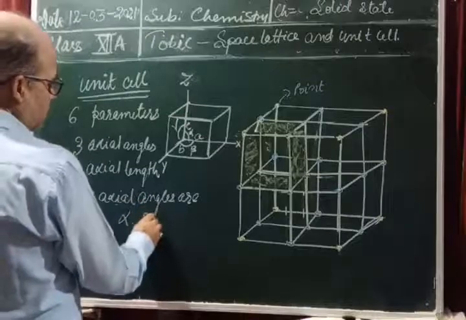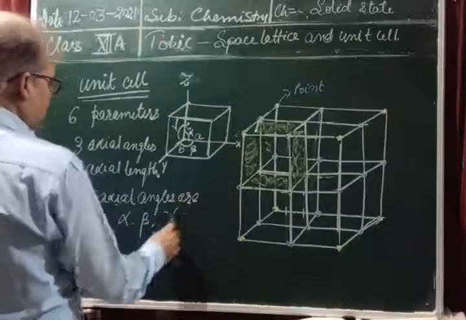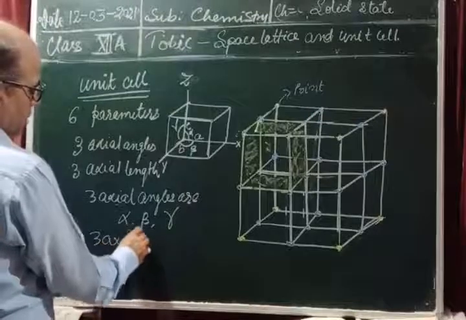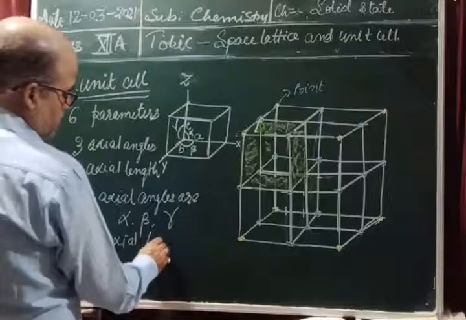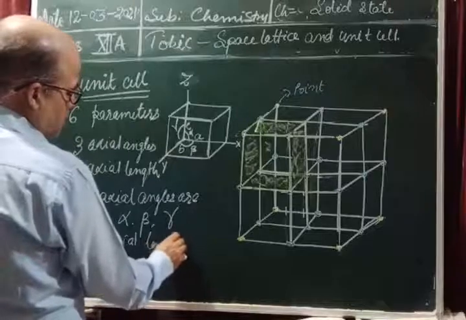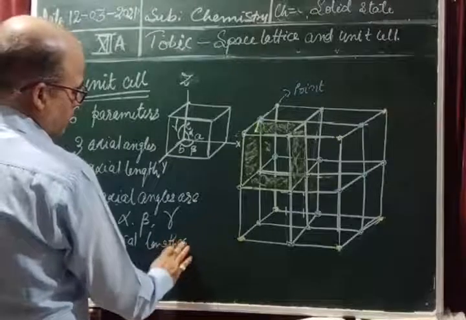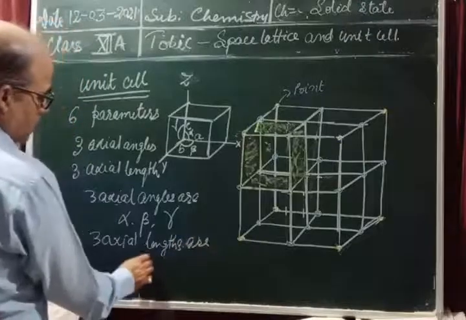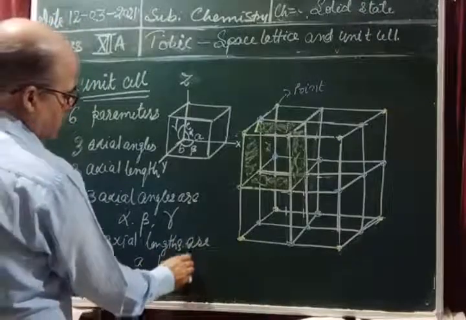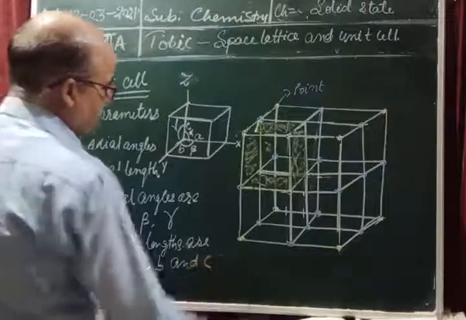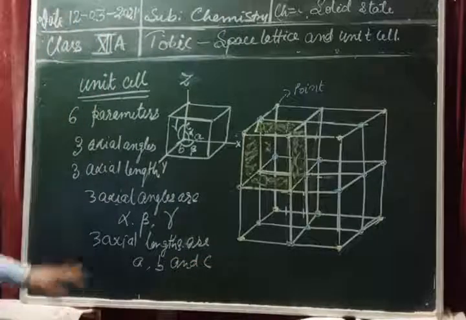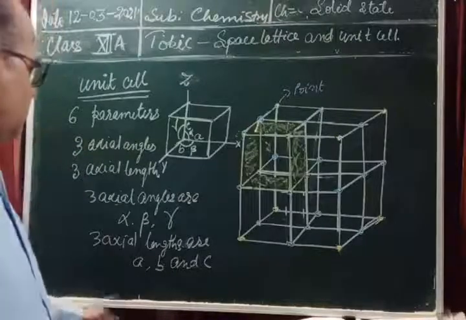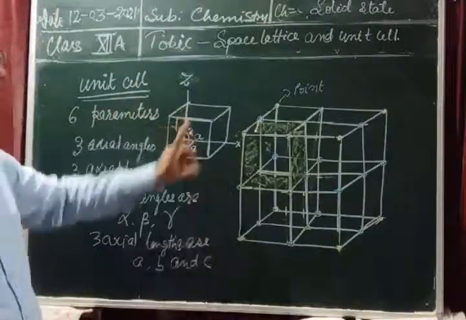And the 3 axial lengths are A, B and C. These are the 6 parameters of the unit cell.